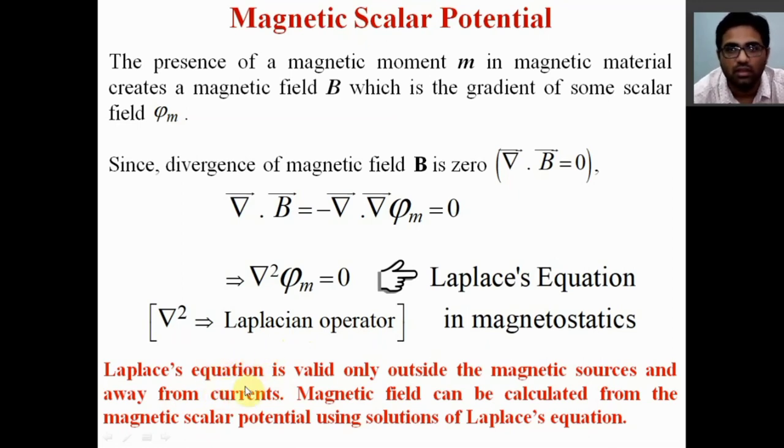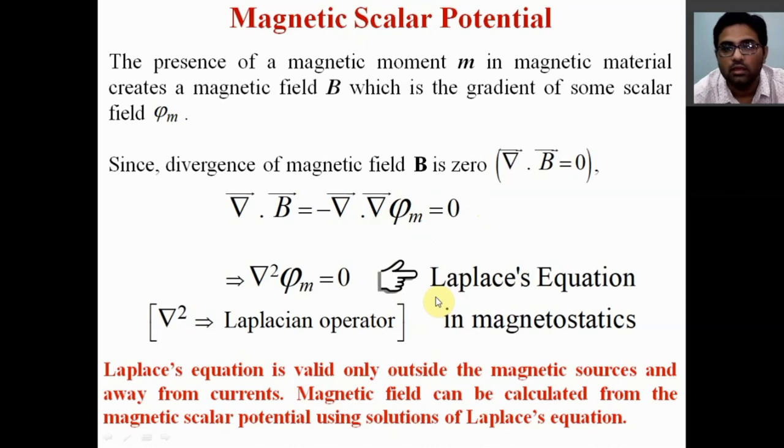Thus, we can conclude that Laplace's equation in magnetostatics is valid only outside the magnetic sources and away from currents, and magnetic field can be calculated from the magnetic scalar potential using solutions of Laplace's equation.